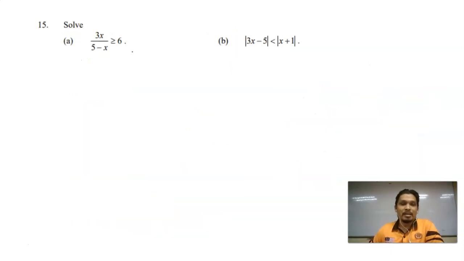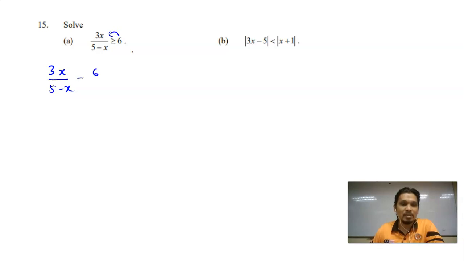Okay, so then this one here now, 3x divided by 5 minus x greater than or equal to 6. So we cannot simply, as I said, because this 5 minus x is not always positive. So the best thing we can do here now is bring this 6 to the left side. Minus 6.